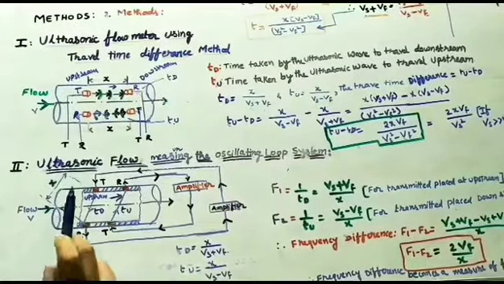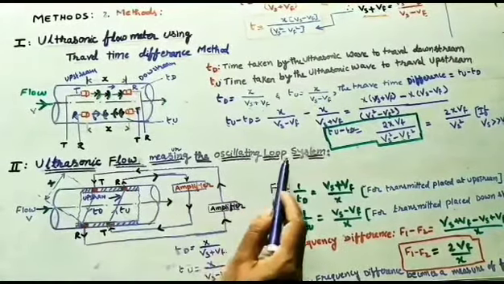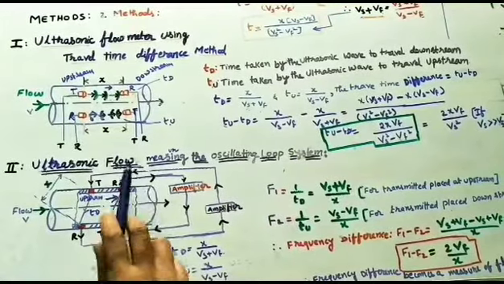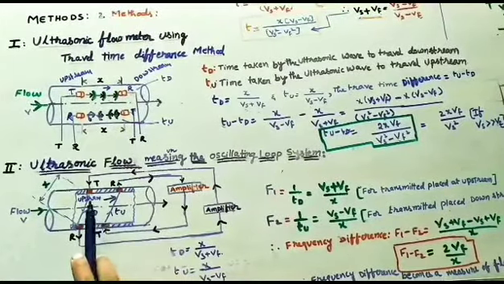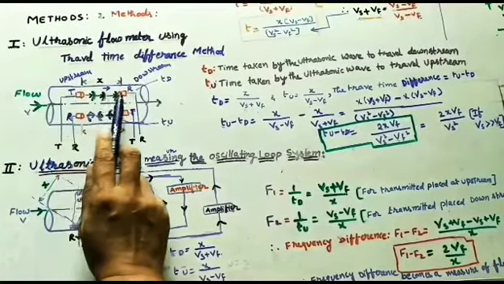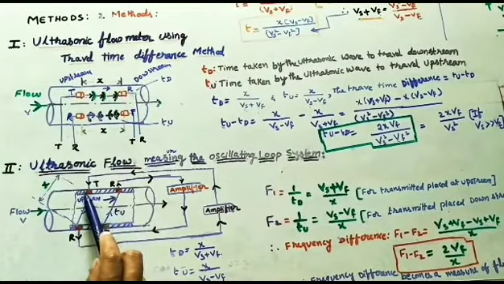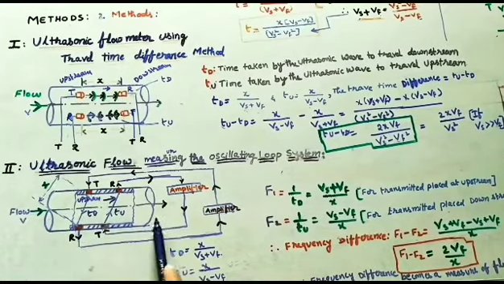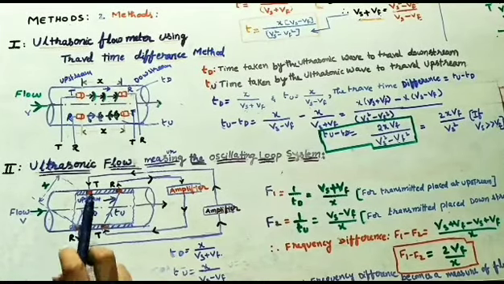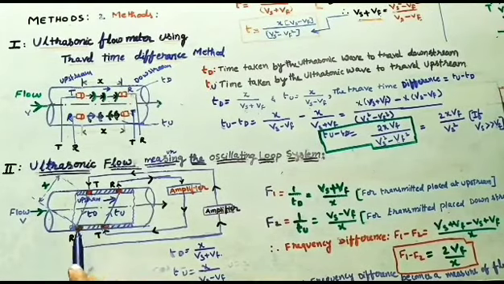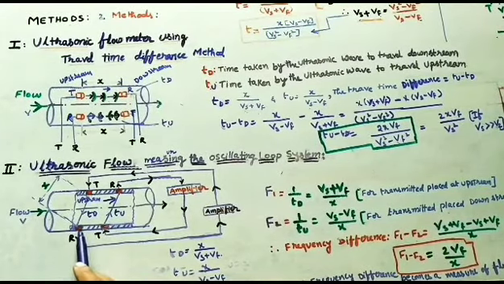Take the second one, the ultrasonic flow measuring oscillating loop system. In it also, the arrangement is similar. The only difference is that T and R, transmitter and receiver, are fixed in the walls of the pipe. At upstream, the transmitter is fixed, and here the receiver is fixed.